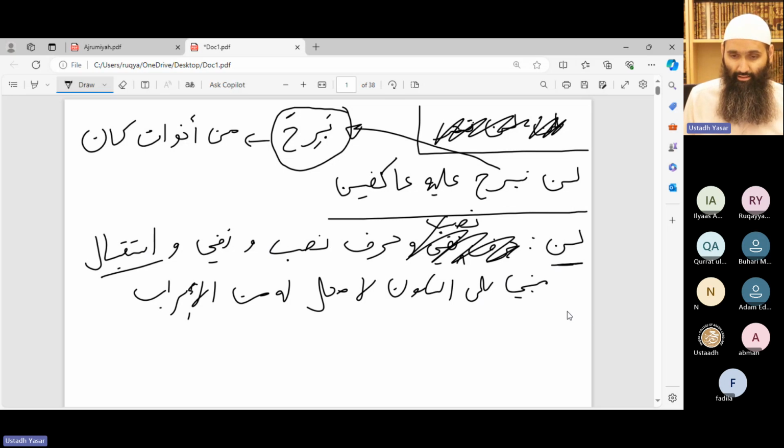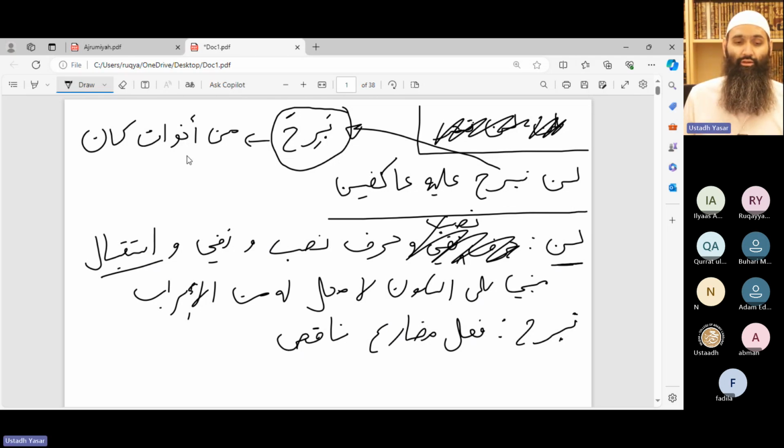Now nabraha. Okay. We will say fi'lun mudari'un naqis. It's naqis because kana and akhawatuha, they are af'al, they are af'al an-naqisah. Okay? So this is naqis. And we have also explained before briefly why these af'al kana akhawatuha are called naqisa. Yes?